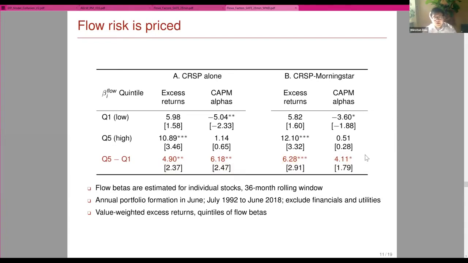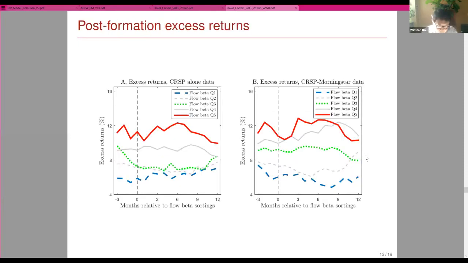But further, this is far from enough, because our theory is a risk-based story, and also in the cross-section, to validate this risk-based story, we need to verify that it is due to a persistent firm-level characteristic, which is the firm's persistent flow beta.